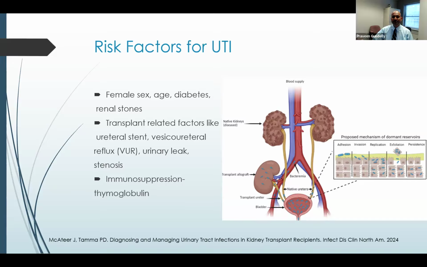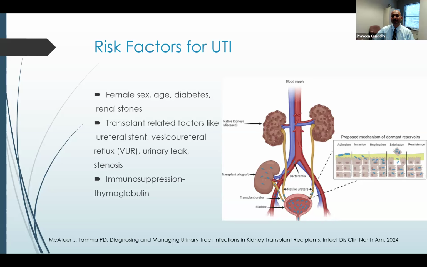As you can see in this picture, the native kidneys are way high up here, and the transplant kidney is usually placed in the right lower quadrant or the left lower quadrant. The distance between the transplant kidney and the bladder, the ureter, is very short, and there is no natural sphincter like our body has for native ureters.